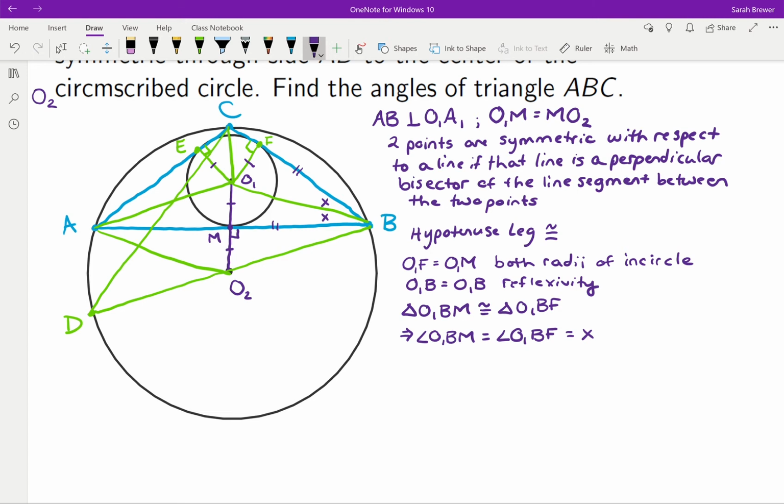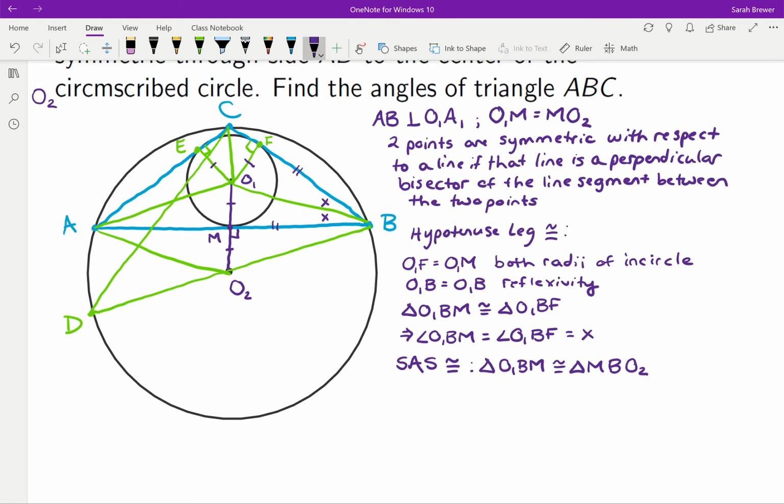And what we can see there is not a hypotenuse leg congruence, but we have a side angle side congruence that gives us that triangle O1BM is congruent to triangle MBO2. And so again, corresponding parts of congruent triangles are equal.